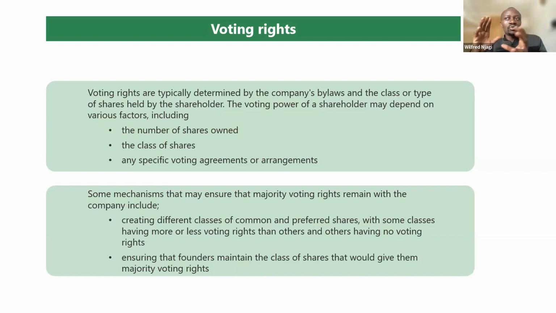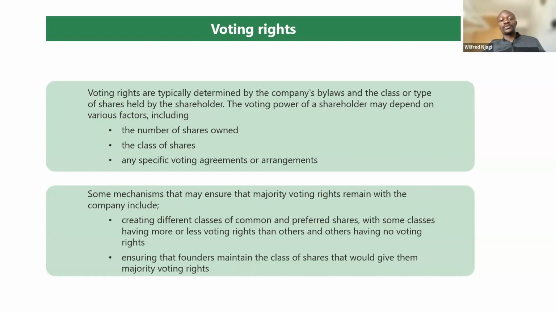Again, at that stage, you should also be guided by a lawyer. By the time you reach classification of shares and voting rights, just don't do it on your own. Seek advice, right? As I said, that voting power can be determined by the number of shares, the class of shares, and any specific voting agreements or arrangements.